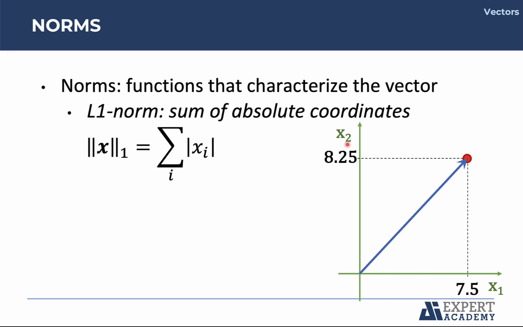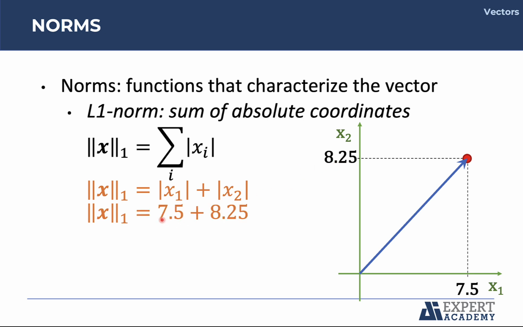In this example, there are only 2 coordinates, x1 and x2. So we are going to perform the sum considering these values, 8.25 and 7.5. Now that we have the coordinates, we can apply this equation. It is equal to x1 plus x2.